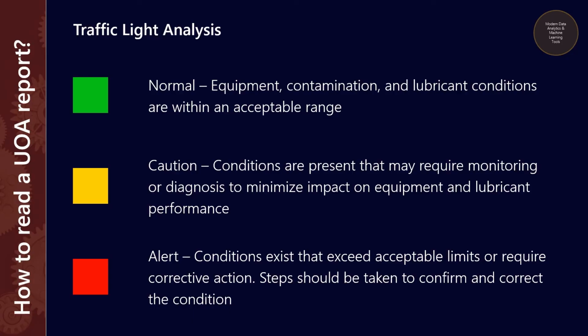Now, the thing about this traffic light system is it is based on very rudimentary machine learning tools, right? So based on your used oil analysis results, it is most likely that the used oil analysis provider is automatically selecting a traffic light condition.